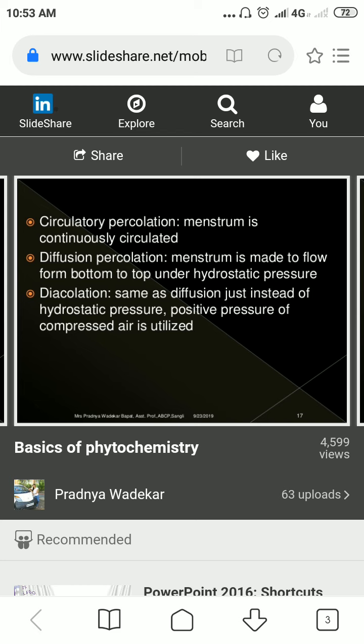So this is one of the disadvantages. We have to take care of proper packing of the column, proper operation of the percolation, and adding and collecting the extract in a particular time duration. These are all disadvantages of percolation.